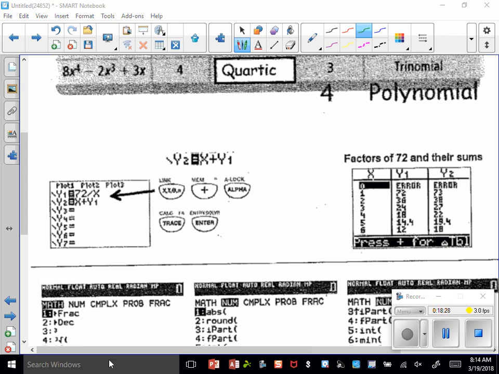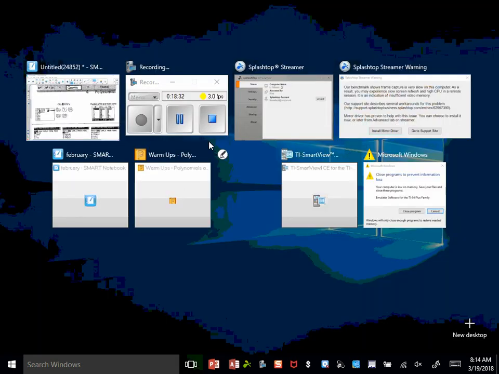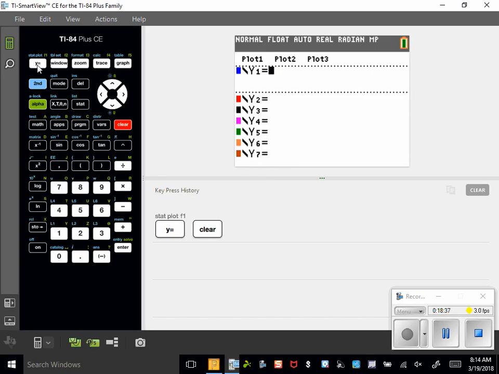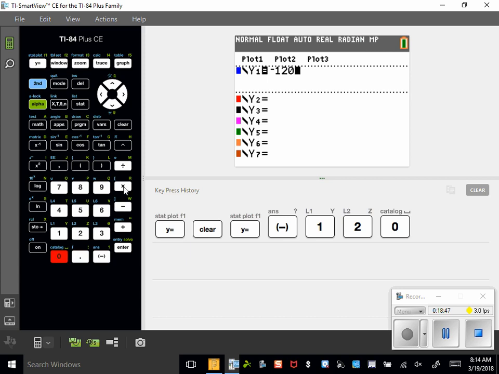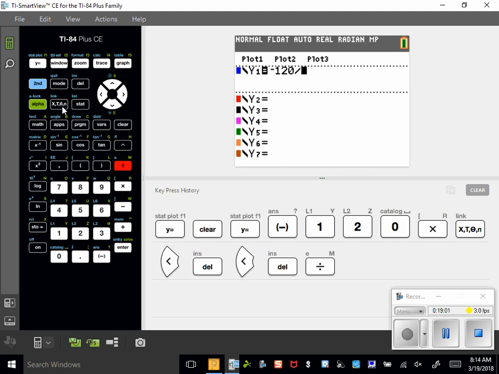Okay, so let's put this into our calculator. Let me pull up mine. We're going to hit the y equals key, and then we're going to type in negative 120 divided by x. Oh, I did times. Hold on. Delete that. All right.